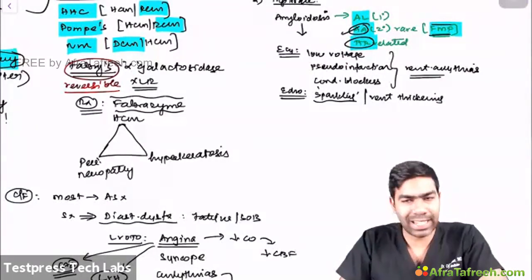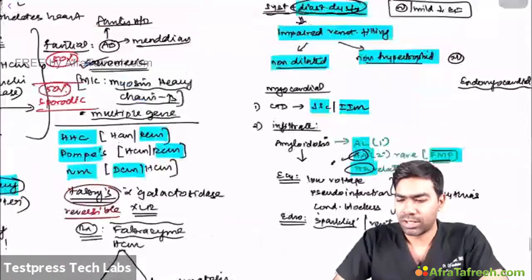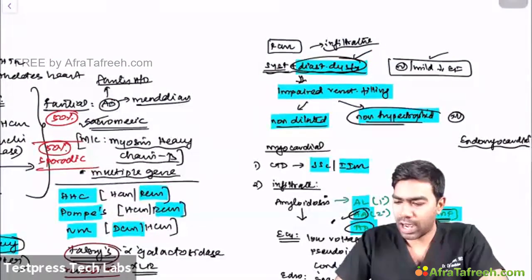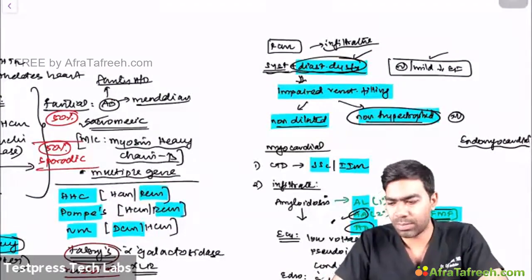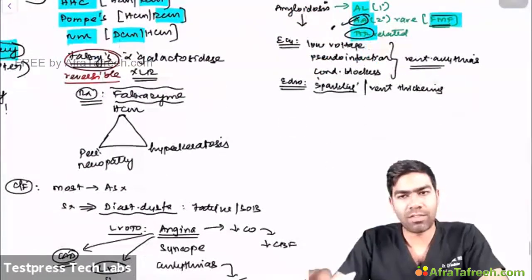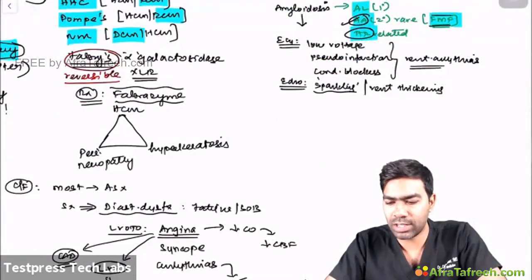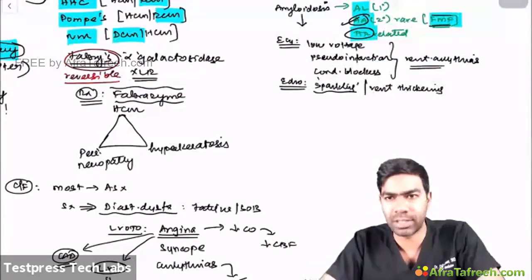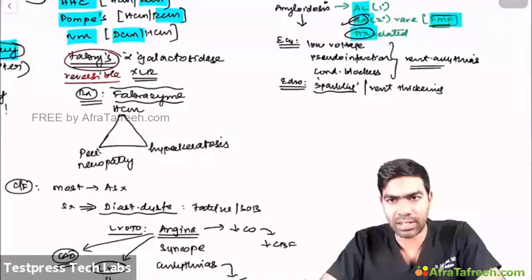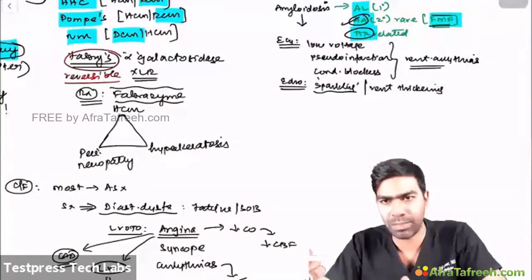So ventricular thickening may be seen a little bit. Remember, it's non-hypertrophic. I'm not telling hypertrophy. There will be a small amount of ventricular thickening. Hypertrophy is different from thickening. The echogenicity in the echocardiogram will be completely different in hypertrophy and completely different in simple thickening. It will be a ventricular thickening with a different echogenicity, so it's not hypertrophy.